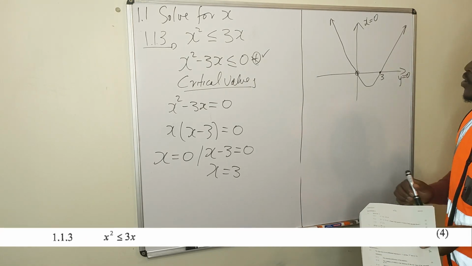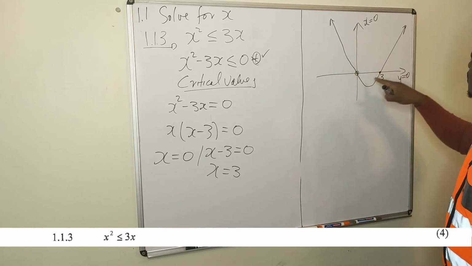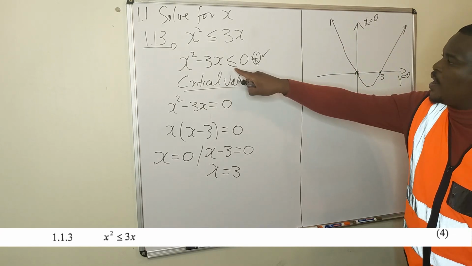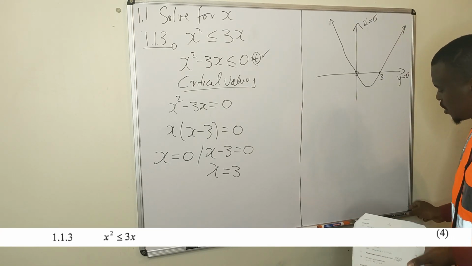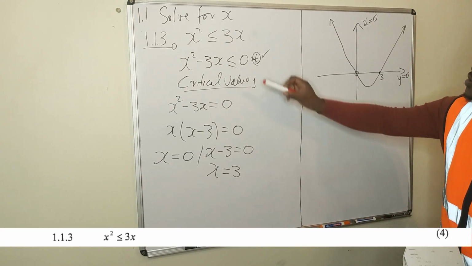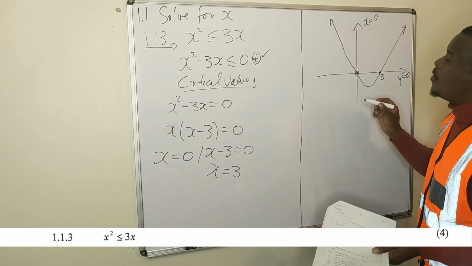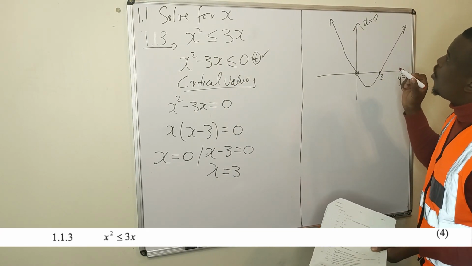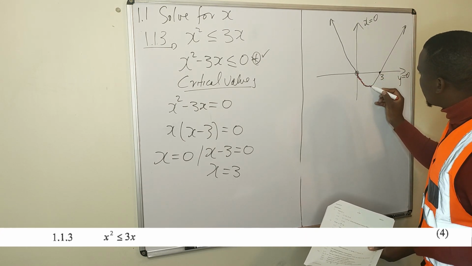We want where this function of ours is less or equal to 0. What does less or equal to 0 mean? It means our graph is negative. So where is our graph negative, or 0 or negative? It's here.